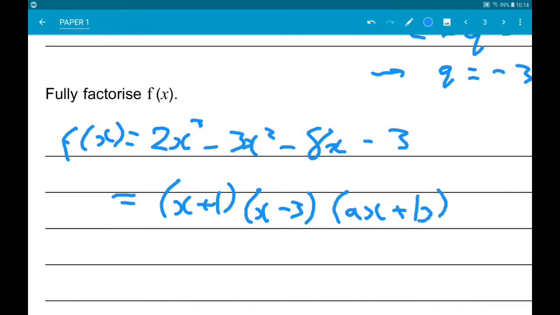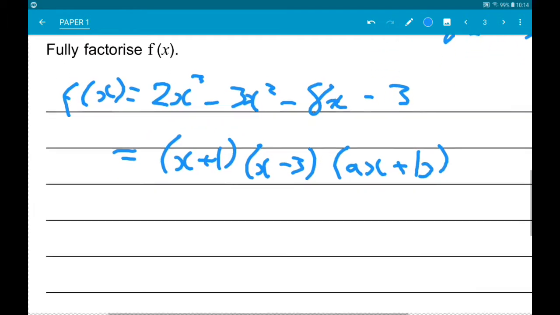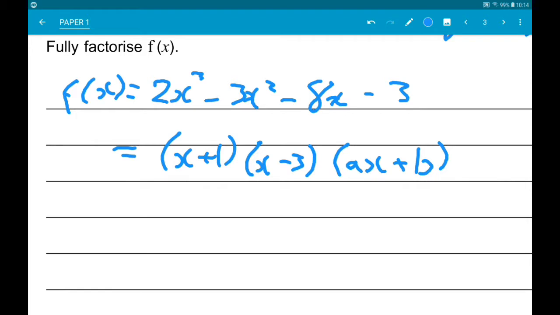Now from that, if we multiplied this all out, we know we would get ax cubed, which means that a is going to have to be 2. And if we multiply the numbers, we're going to get minus 3 times 1 times b, and that needs to be minus 3.